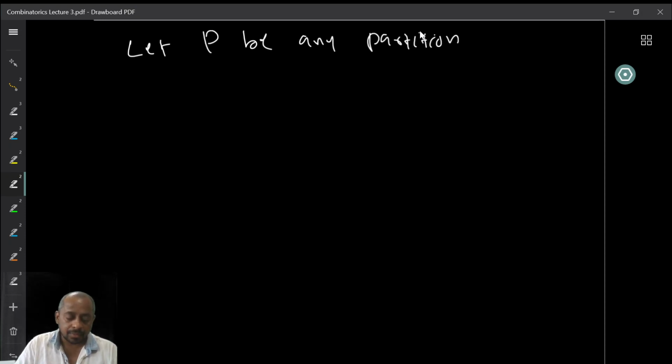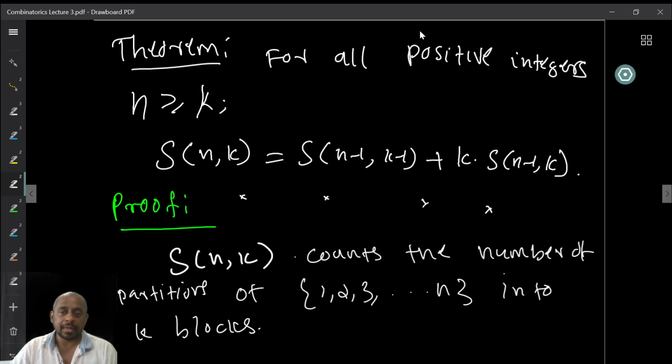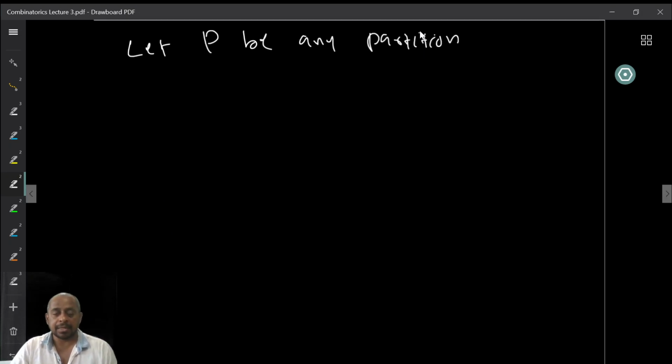So what we are going to do is look at the block in which the element n is there, because on the right hand side we see that we are only partitioning an n minus 1 element set. So we can look at the set 1 to n minus 1 and we have to work with that. So let us make the element n special and look at the block in which the element n belongs.